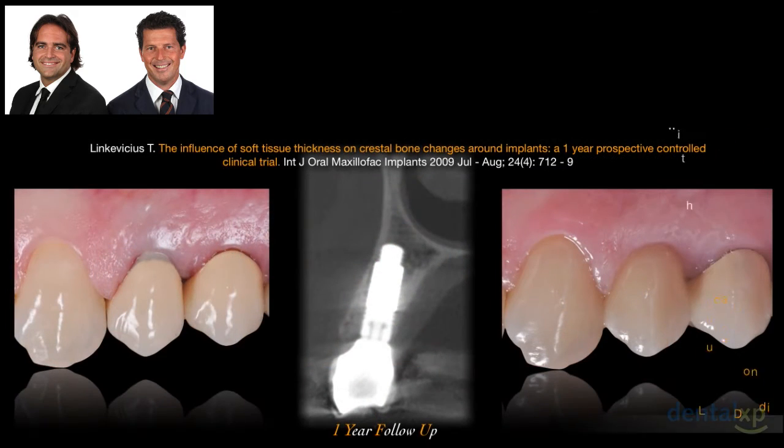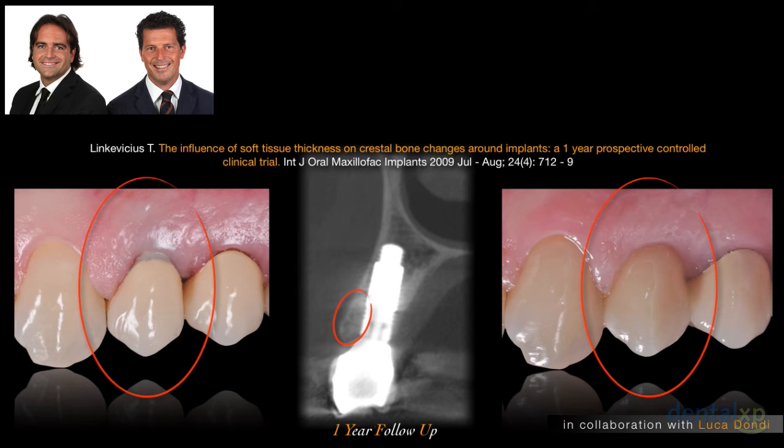And this is the 1 year follow-up, the before and after of this nice restoration done by Luca Dondi. And from the CT scan evaluation at 1 year, you can see how we managed to increase this buccal dimension.